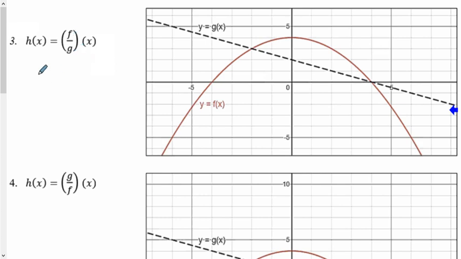So again, I'm going to just rewrite this as the f of x function divided by the g of x function. And actually, it would have been good if I had used some color coordination here. My f of x function is red, my g of x function is black. So that helps me when I'm thinking about it, because here I have colors, I can say, oh, red divided by black.